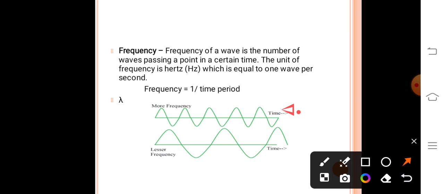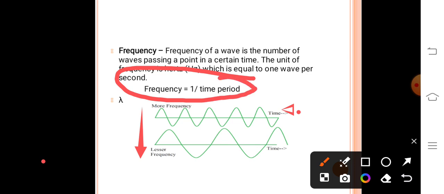In this figure we see that there are two frequencies, one is the higher frequency and another is the lower frequency, because the formula of frequency is equal to 1 wave per second. So the formula is frequency is equal to 1 upon time period.